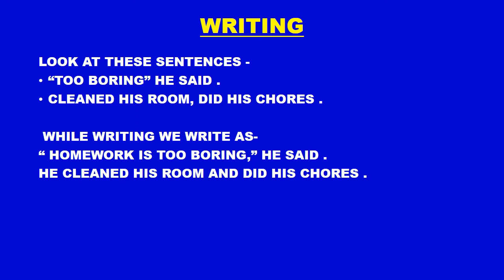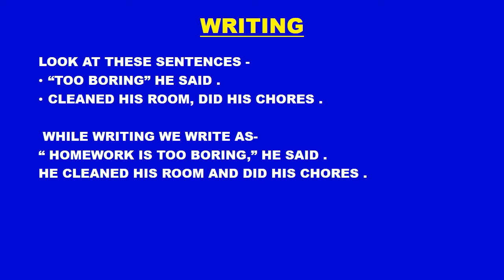But when we have to write it and make it very clear, we have to write it very carefully, we would write, homework is too boring, he said. In the same way, you can see the second sentence where the complete sentence has not been written. It's written, cleaned his room, did his chores. While writing, we'll write, he cleaned his room and did his chores.